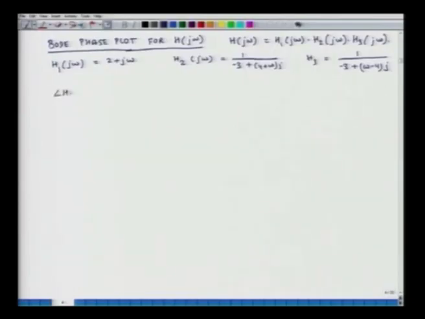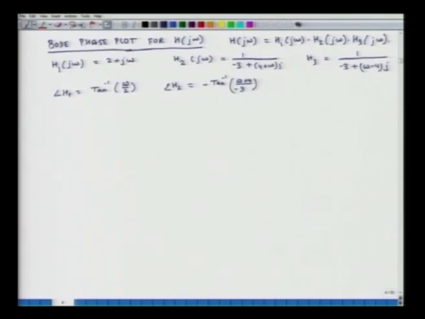For H1, the phase will be tan inverse of omega over 2. For H2, the phase will be negative, because it is in the denominator, of tan inverse of (omega plus 4) over 3.